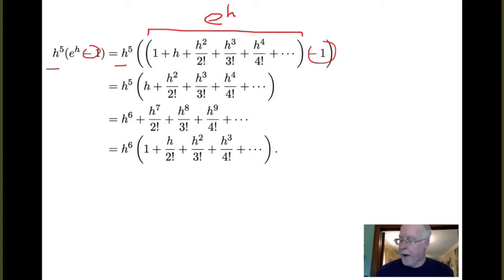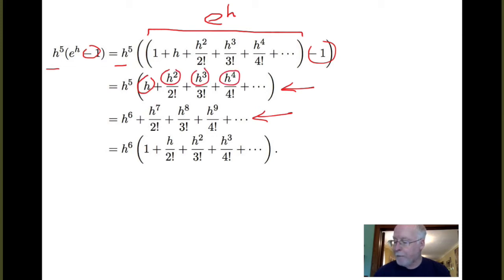So when we combine terms inside the big outer parentheses, we see the 1's cancel, which leads us to this term. And then next we can multiply this h to the fifth out in front, like we would with a normal polynomial, multiply it inside the power series, which we think of as a polynomial, multiply each of these terms by h to the fifth.